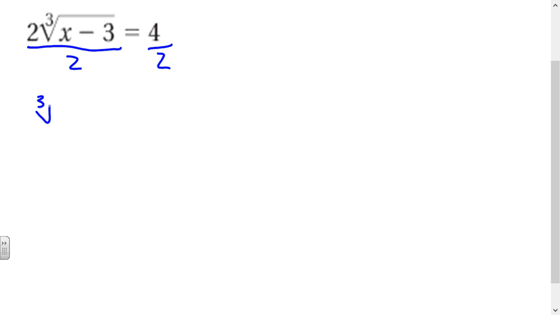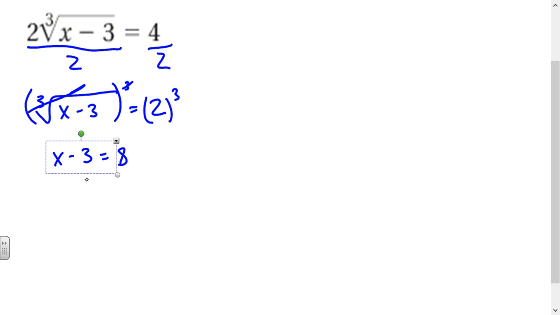So we get the cube root of x minus 3 equals 2. So from here, I need to cancel out the cube root. So to do that, I have to cube both sides. So the cube and the cube root cancel out, and I get x minus 3 equals 8, and then add 3 to both sides, so x equals 5.